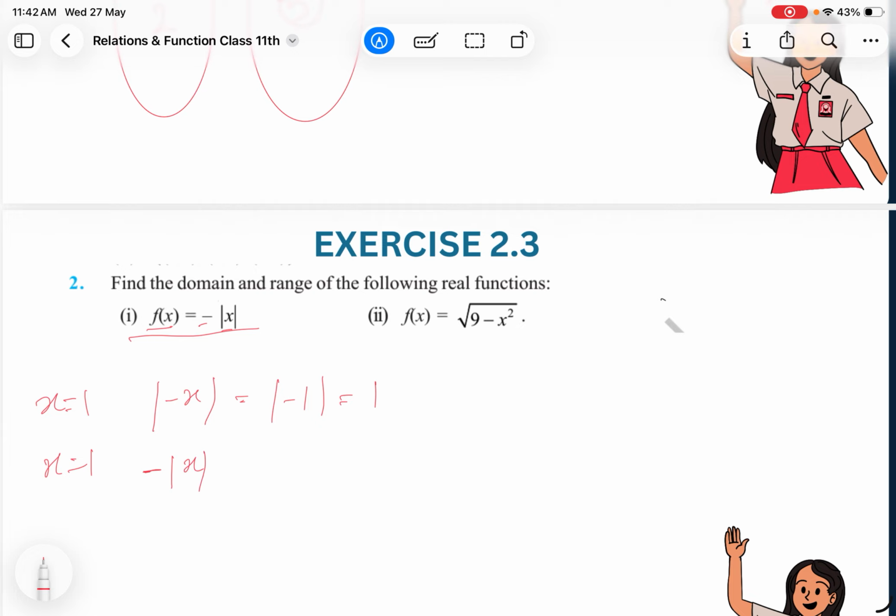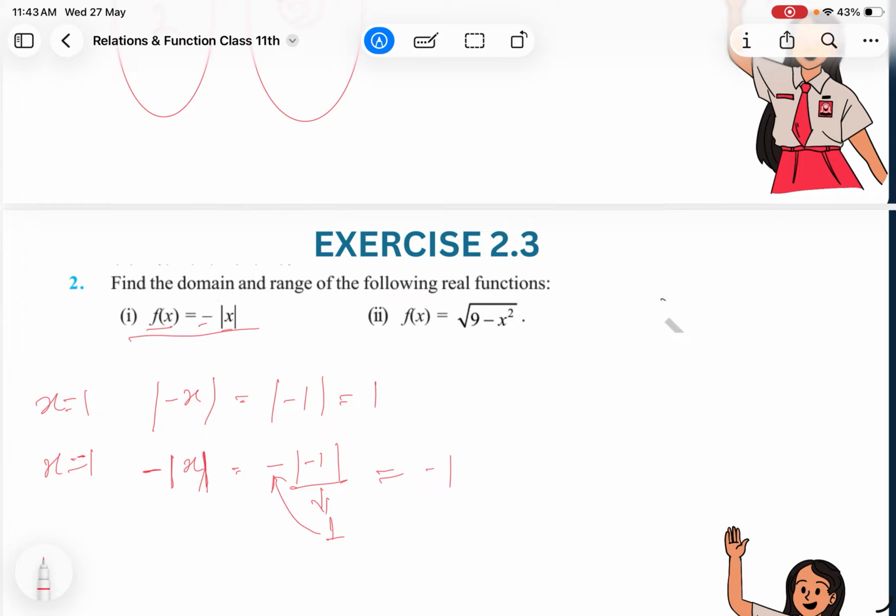It means this minus is applied after this operation. So suppose you have minus 1, then this mod will convert it into plus 1 and then it will apply a minus, so it will be minus 1 only, right?